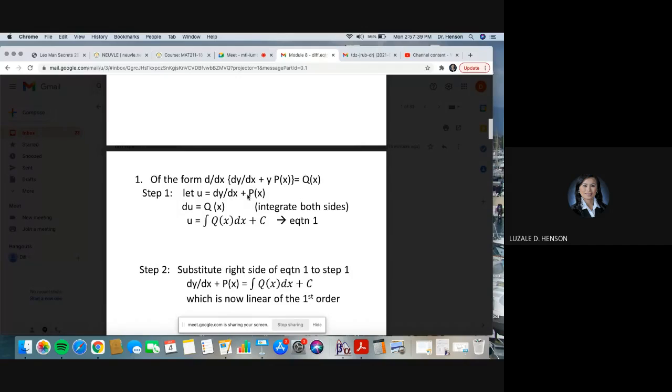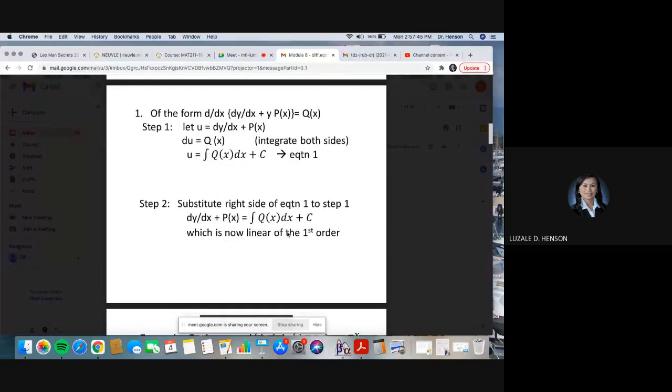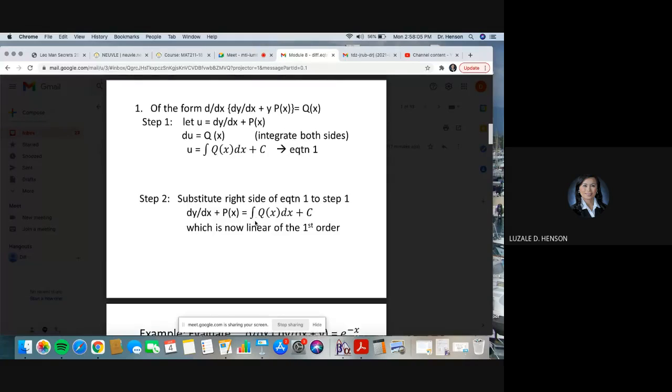So dy/dx plus p of x times y is equated to the right side of equation 1. And this is a linear, or first order linear differential equation, wherein this is the first term, dy/dx, and you can find p of x times y, and this is your expression of q of x after integrating.